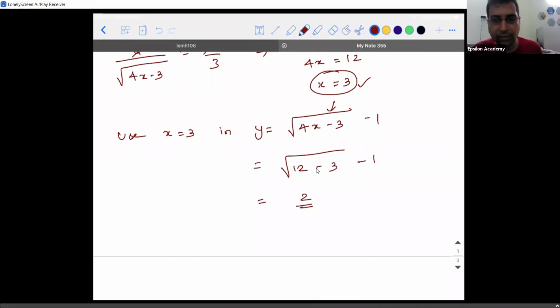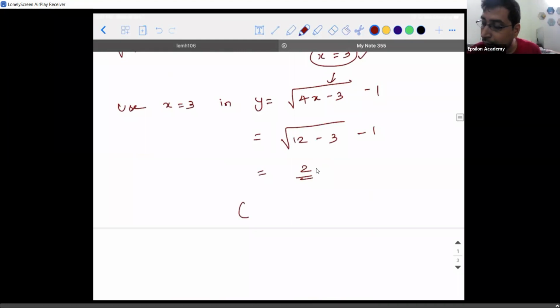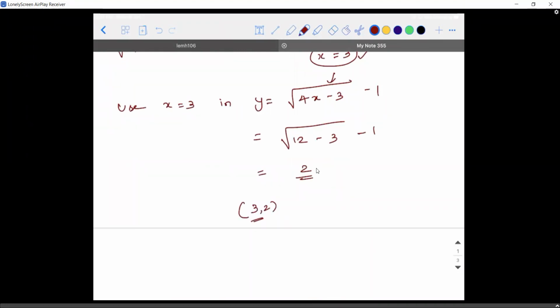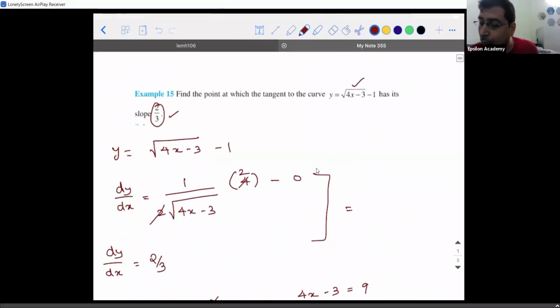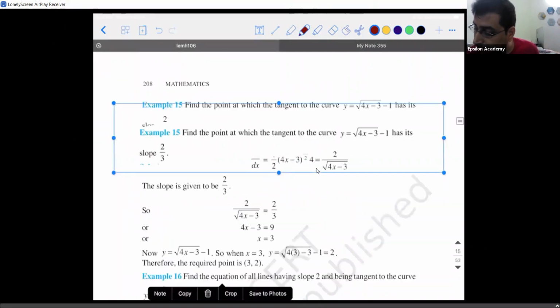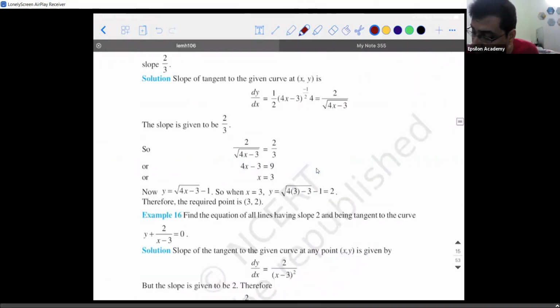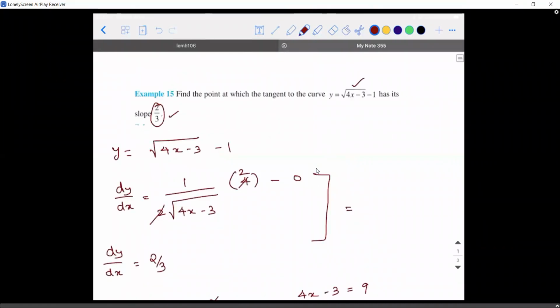So square root of 9 is 3, 3 minus 1 is 2. So what is the required point? 3 comma 2. So 3 comma 2 is the point on this particular curve where if you draw a tangent, the tangent slope will be 2 by 3. One minute, please copy it.